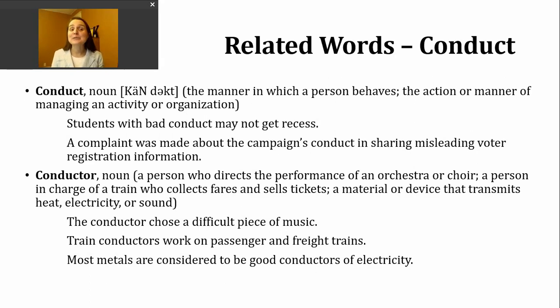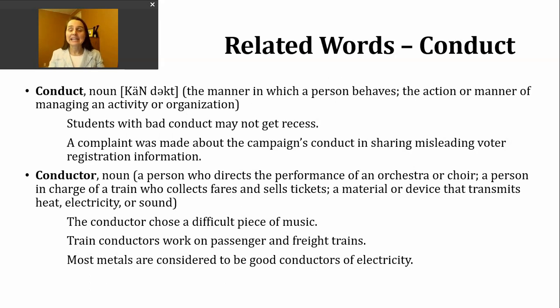Another way to use this noun is to mean the action or manner of managing an activity or an organization. So here is an example sentence that I saw recently in an article. A complaint was made about the campaign's conduct in sharing misleading voter registration information.